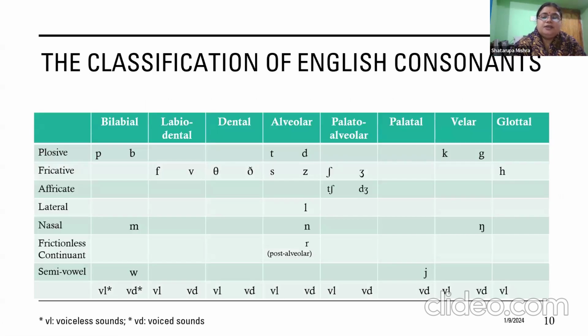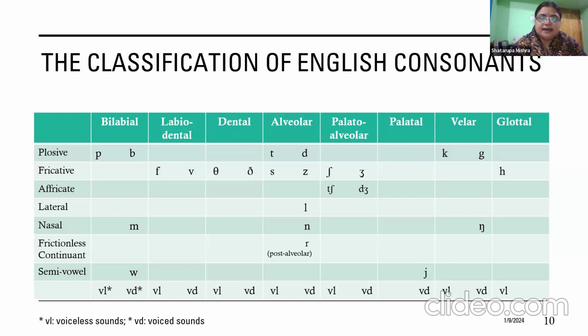Now, if you want to classify the consonants, in such a table, you will be able to combine these terms together. And you can also say whether those sounds are voiced or voiceless. Now look at this table, and you will see the letters VL and VD. VL stands for voiceless sounds and VD stands for voiced sounds.